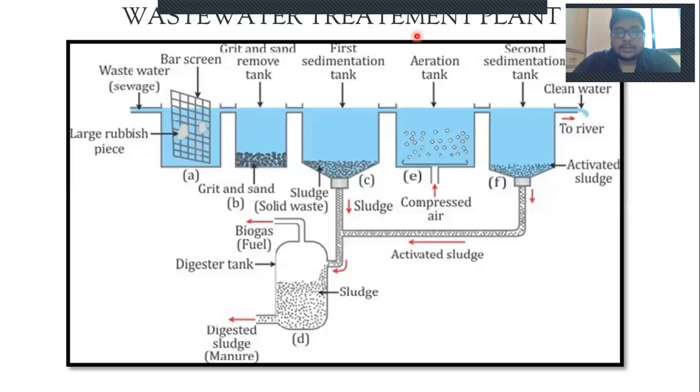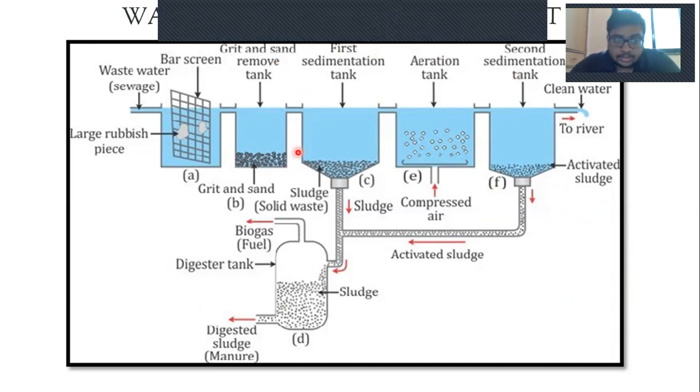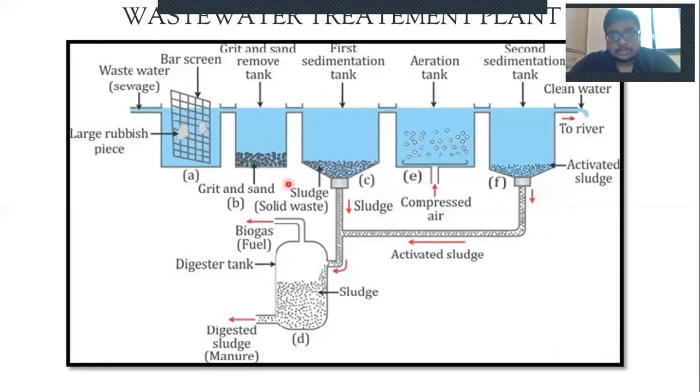Then a very big topic, wastewater treatment plant. What happens exactly here? This is a diagram of a wastewater treatment plant, and I'll tell you what happens. In a wastewater treatment plant, wastewater is treated to form consumable water, which you can consume, not actually to drink, but for all other purposes.